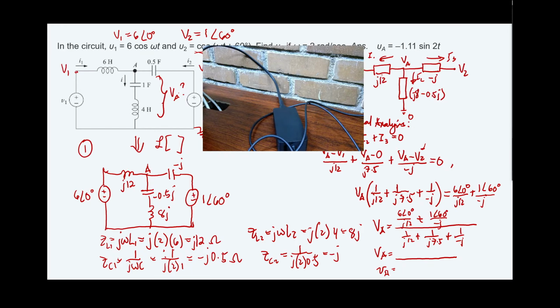Divided by 12i, 0, plus negative i, and then 1 over J12 or 12i, and 1 over 7.5i plus 1 over negative i.